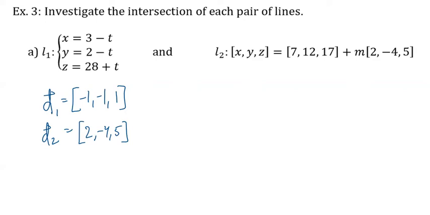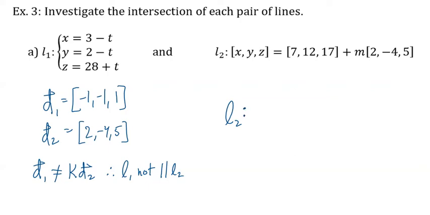So what's that going to look like, and how do we solve these in 3 space? First of all, I'm going to rewrite L2 in parametric. You don't necessarily have to do this, but you have to be able to think of it in parametric. You don't have to show this step. So this is 7 plus 2m, 12 minus 4m, 17 plus 5m. We write out x equals x, y equals y, z equals z.